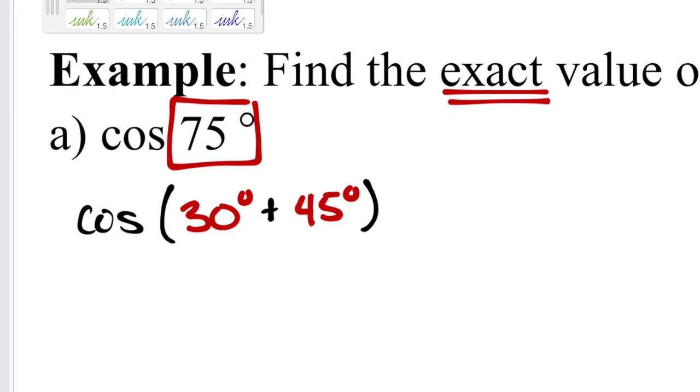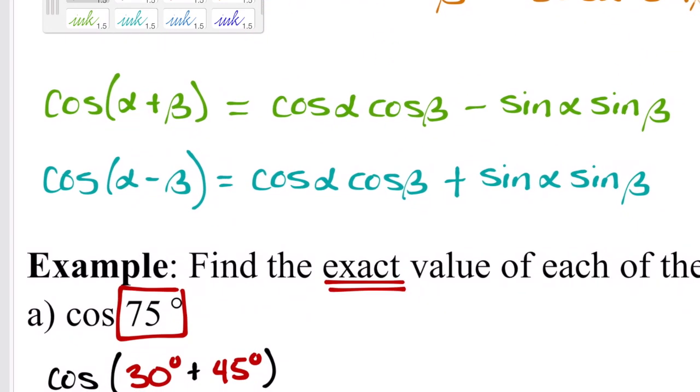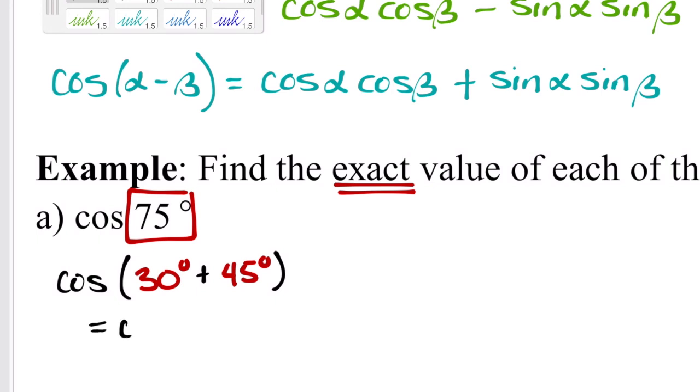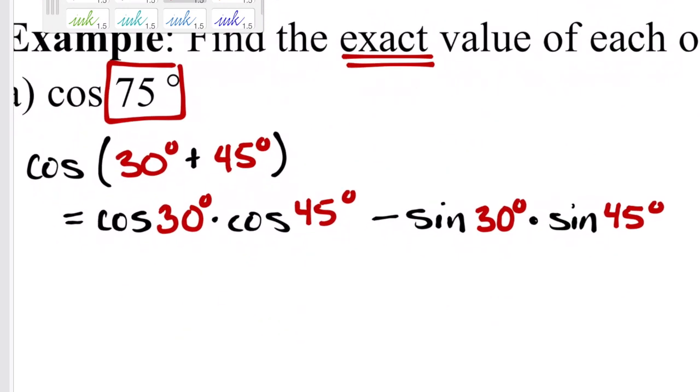Since I'm working with 30 degrees and 45 degrees in the cosine of this, I'm using this green formula here, where alpha is my 30 and beta is my 45. So I'm just going to plug these into that formula. From here, I'm going to replace cosine of 30 degrees with what I know it is.